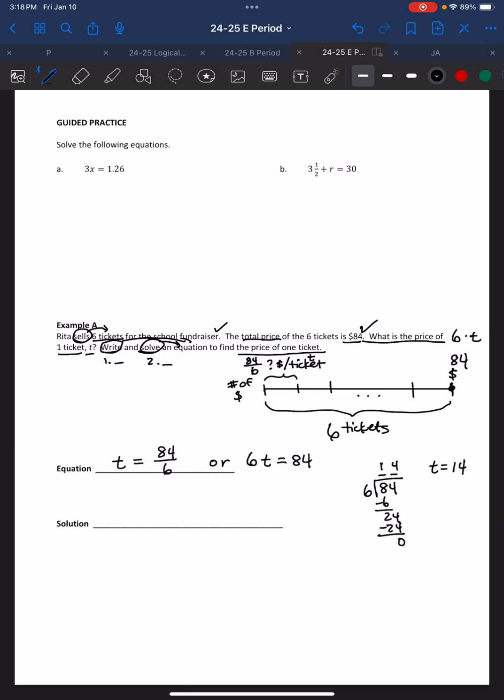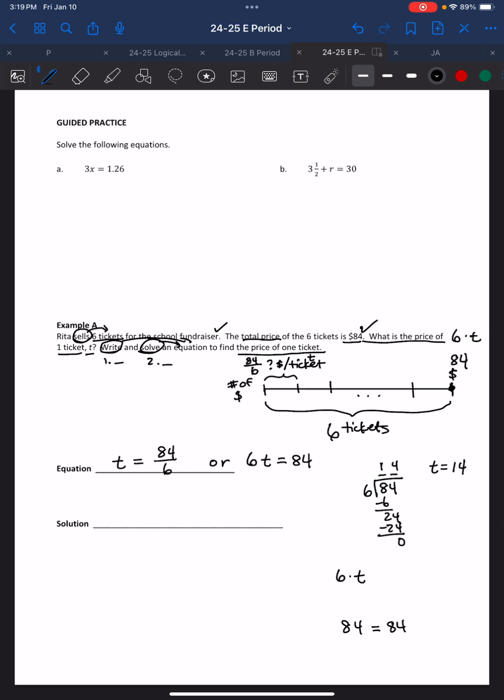And it's only a solution if when I substitute T being 14 back into the original equation, it makes both expressions equal to the same number. So my first expression is 6T, which is really 6 times T. And my other expression is 84. Well, I know automatically 84 is equal to 84. So the value of that expression is 84.